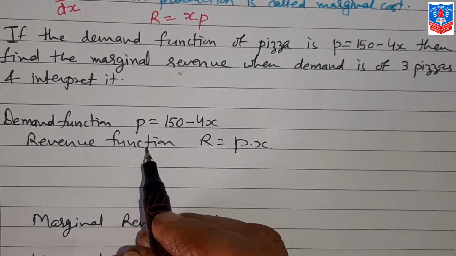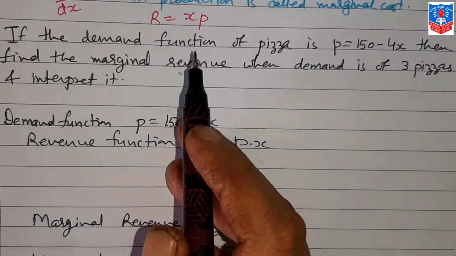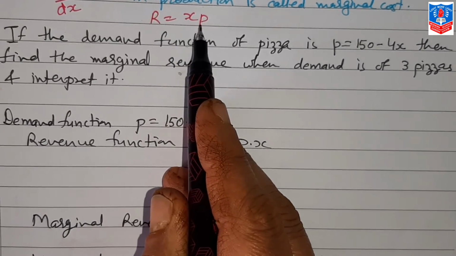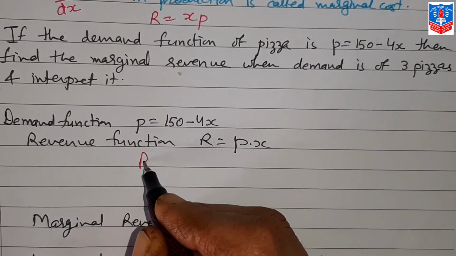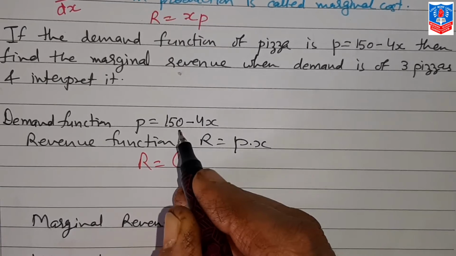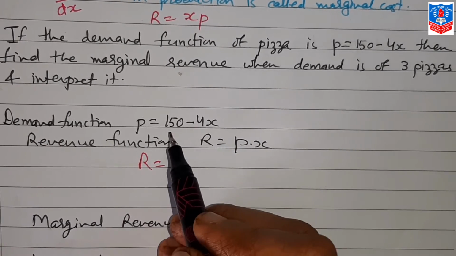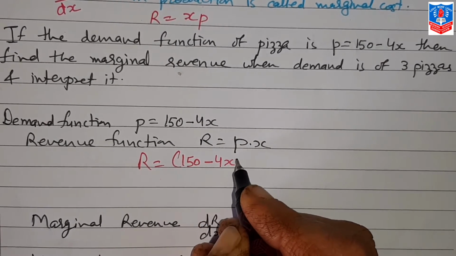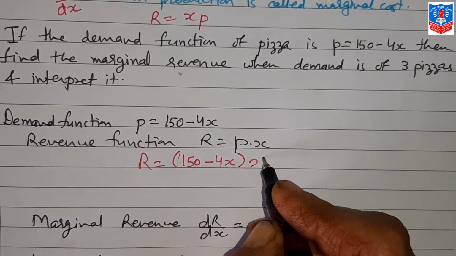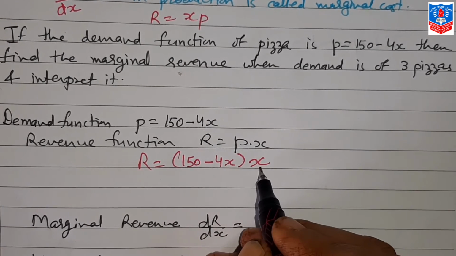We know the revenue function R is P into X, so in place of P we write 150 minus 4x into X. Open the bracket and multiply.